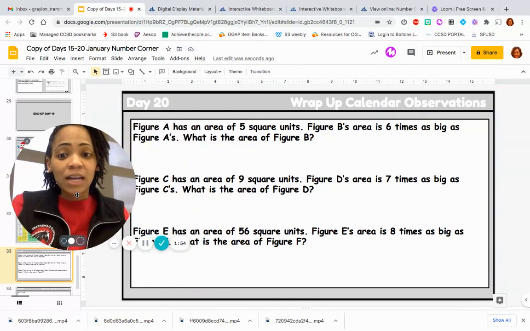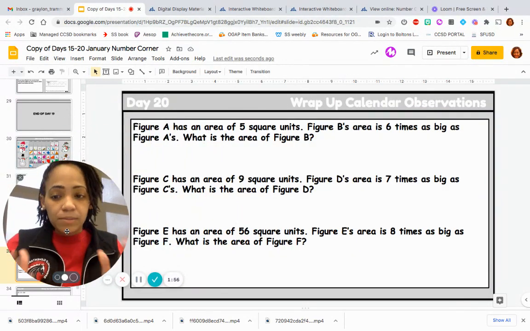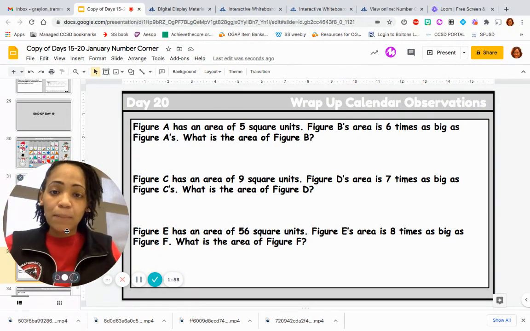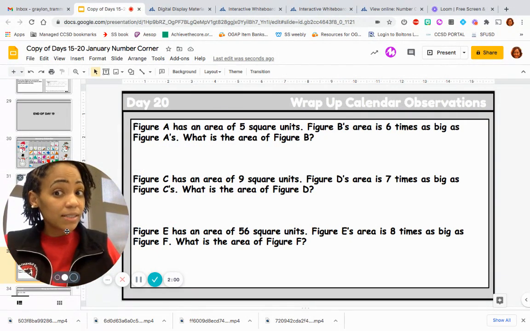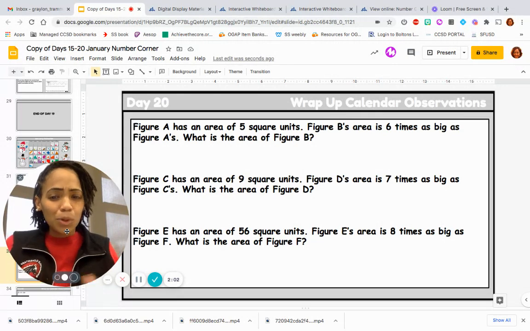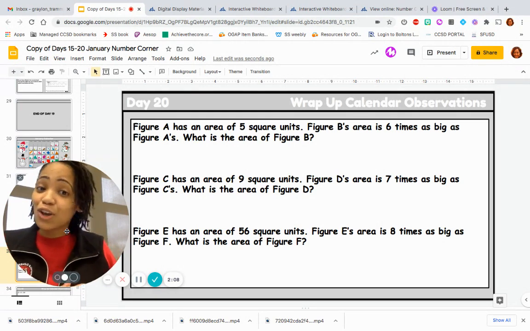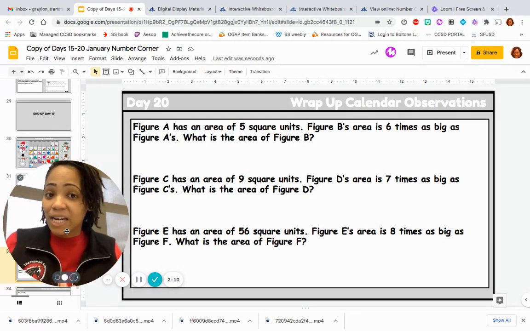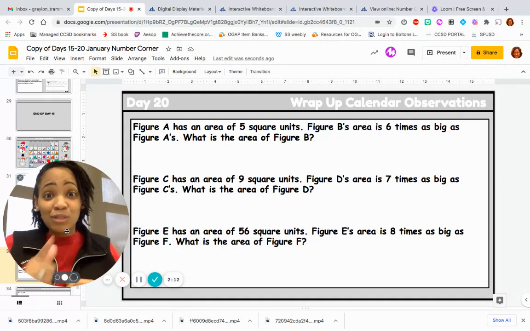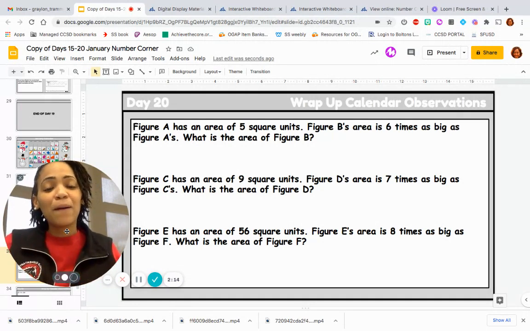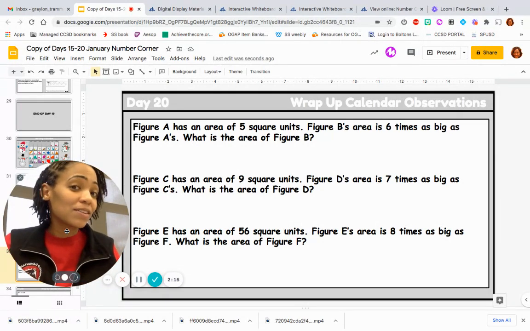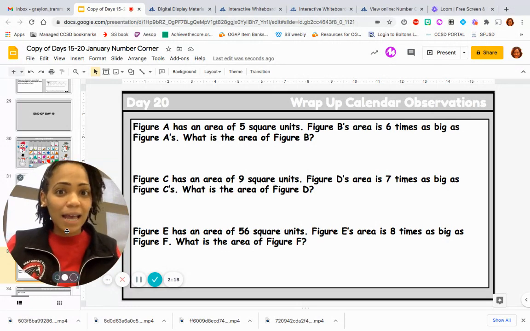Yes, we're looking at patterns, but we're also talking about multiplicative comparisons. So comparing things multiplicatively. I'm going to show you some examples of what I mean by writing some equations to show multiplicative comparisons. And then I'm going to show you some equations, and I want you to tell me an example of what a multiplicative comparison would sound like.